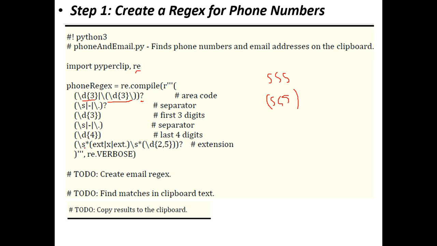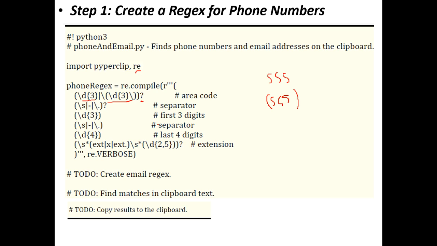Any number of spaces is represented with \s followed by star, and star means 0 or more. After that, the extension may be ext, x, or ext dot, followed by 2 to 5 digits, which we have mentioned here. So here we have successfully created the regular expression for the phone number.